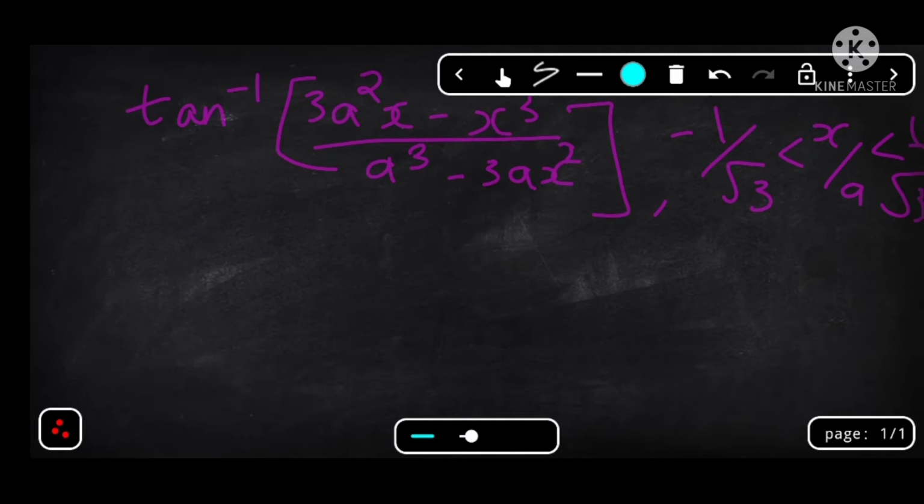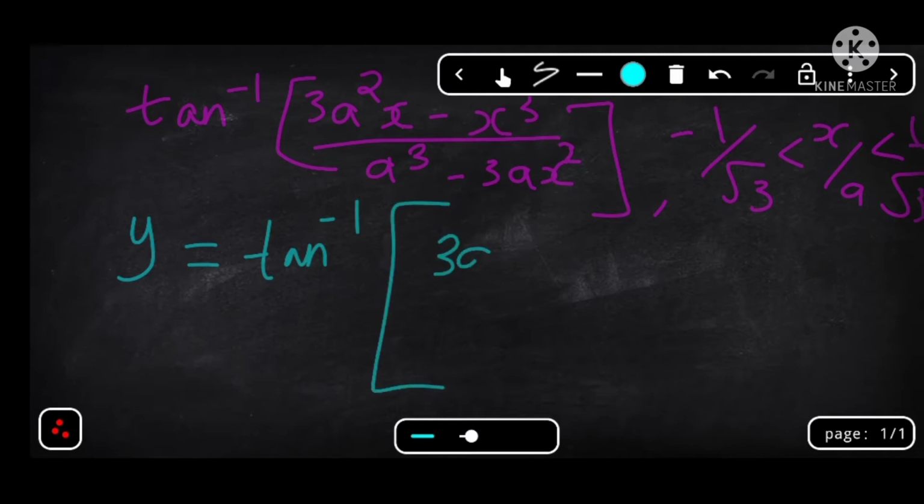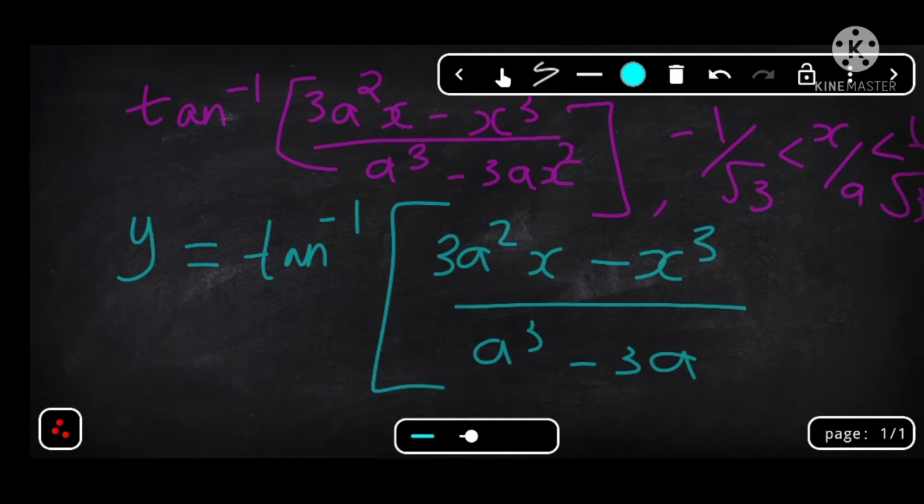Okay, so what is our first step? y equals tan inverse of (3a square x minus x cube) divided by (a cube minus 3a x square), right?